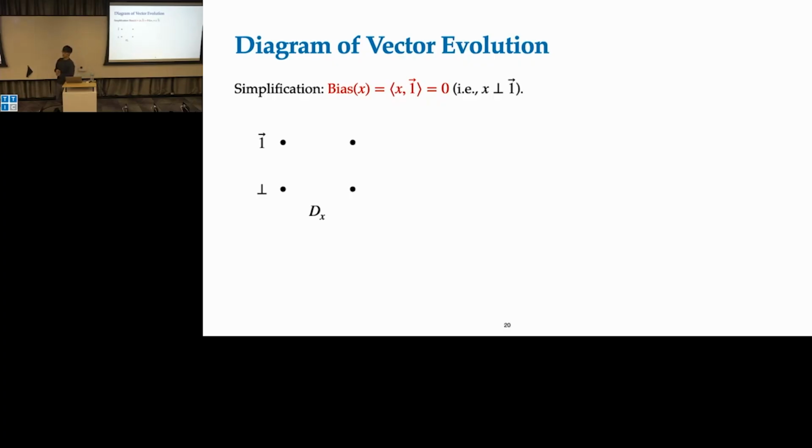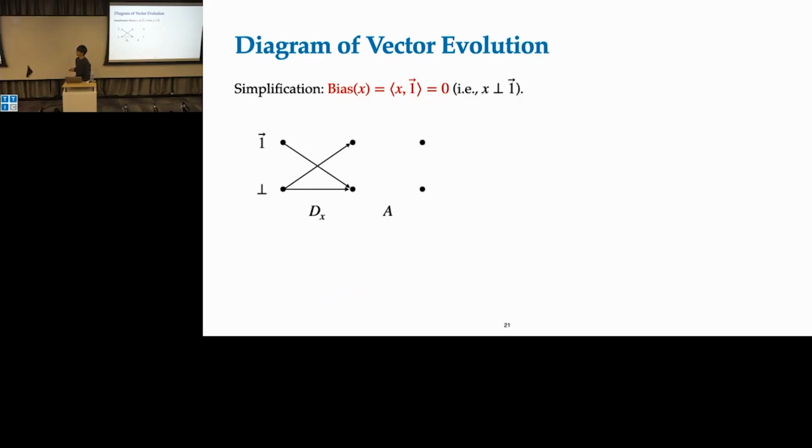What happens when we multiply by Dx? Well, the all ones vector gets mapped to x, because remember Dx is the diagonal matrix of x. For the orthogonal subspace, we don't know what happens. But for example, this can go back to the all ones vector because Dx times x will be exactly all ones. So x is orthogonal, and when multiplied by Dx, it goes back to all ones.